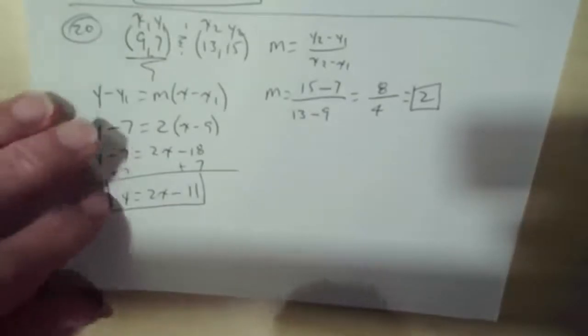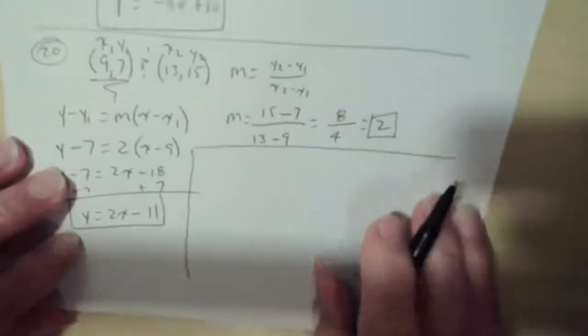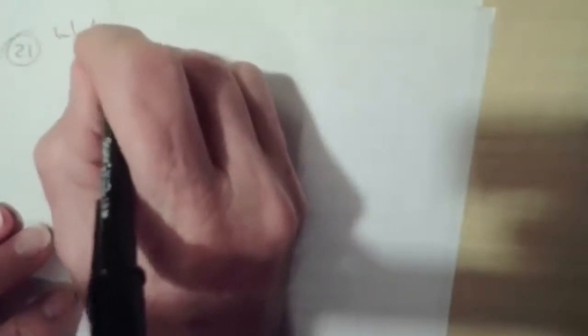Now, number 21. This is the next to the last one. What is the perpendicular slope?